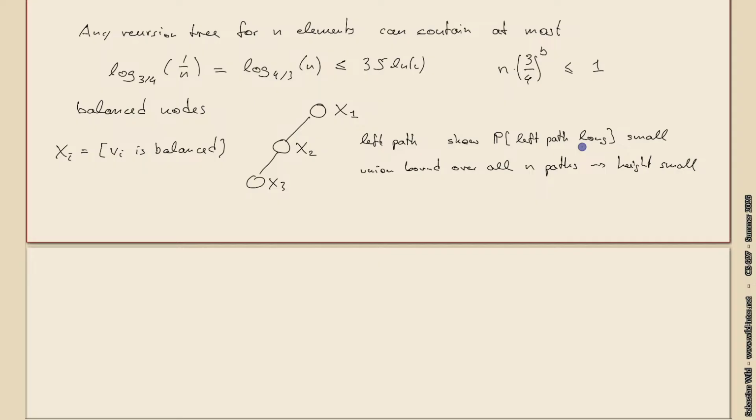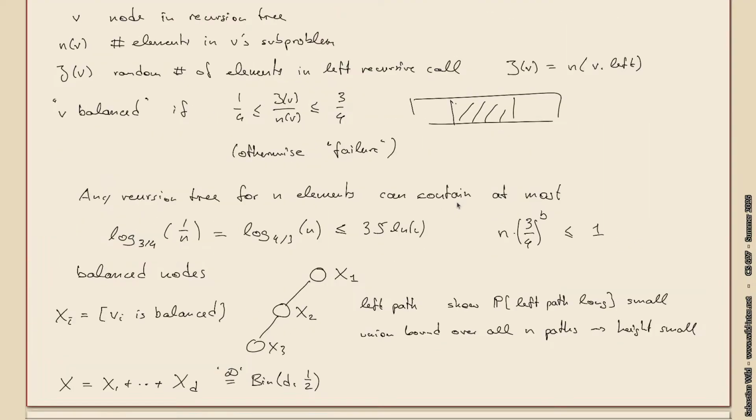So if x is the sum of many of these, say depth d, then it's hopefully binomially distributed with some probability p, which will essentially be 1/2. That's how we picked it. We picked the balanced condition so that it's equally likely to be balanced and unbalanced.